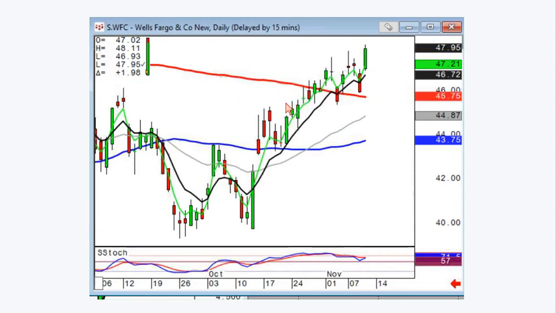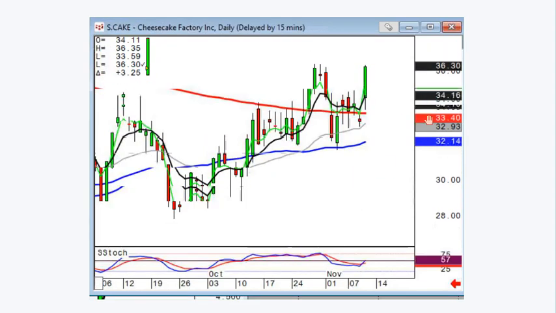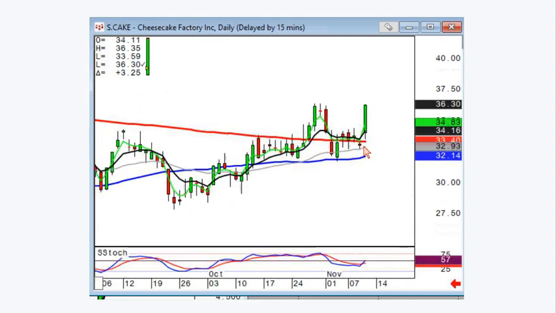Wells Fargo, trend kicker signal. If you're long, you just stay long. Cheesecake. J-hook type pattern. Best friend gap up. If it opens above this level, at least figure it's coming up here to test this level, so at least you're in the right direction.